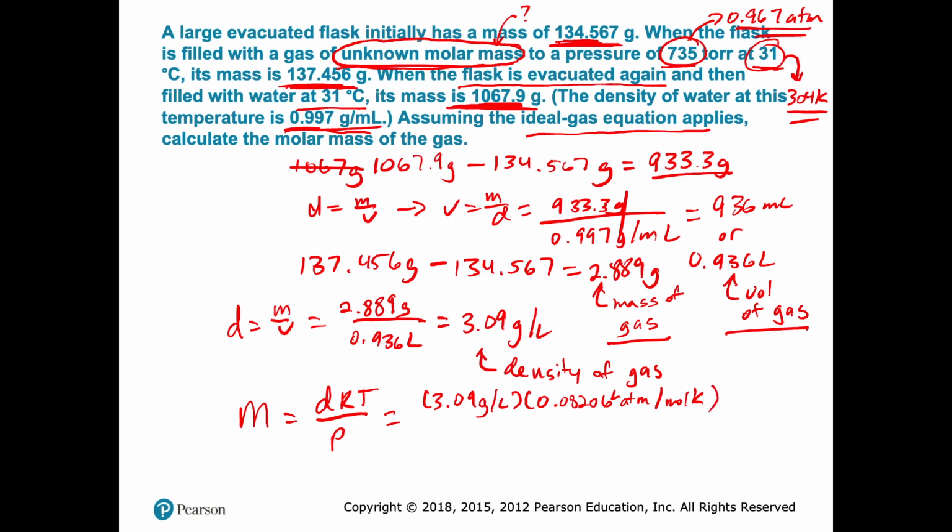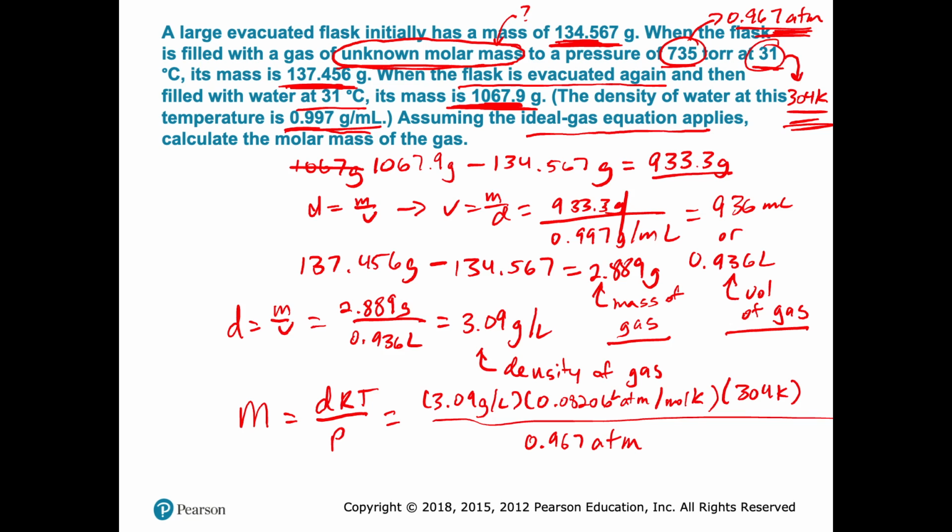All right, and that is multiplied now by the temperature, which is 304 Kelvin from before, from up here. And all of that now is divided by 0.967 atm, which was the pressure we calculated earlier, from torr.